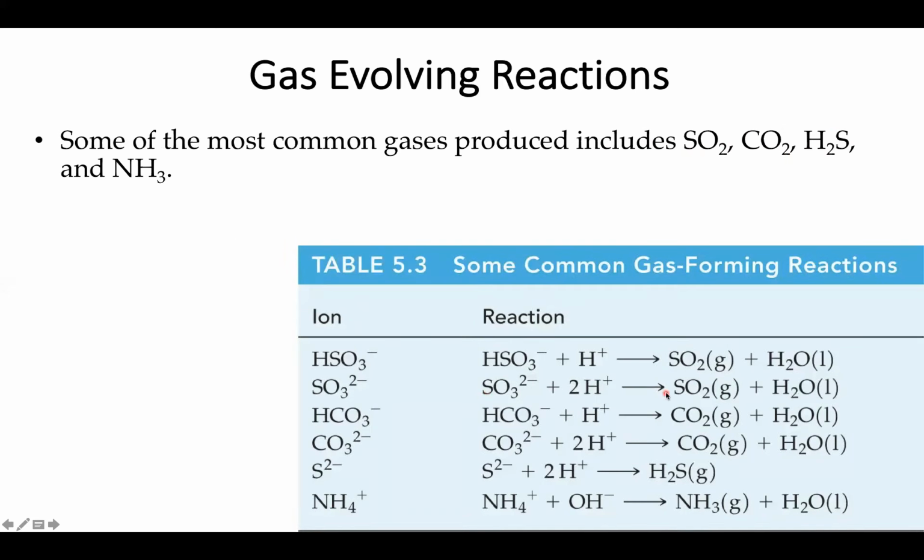So for example, you can go ahead and form sulfur dioxide out of sulfites. Carbon dioxide is produced when you react either carbonate, such as found in limestone, or bicarbonate, such as in baking soda, with extra acid. You form carbonic acid, which then splits apart.